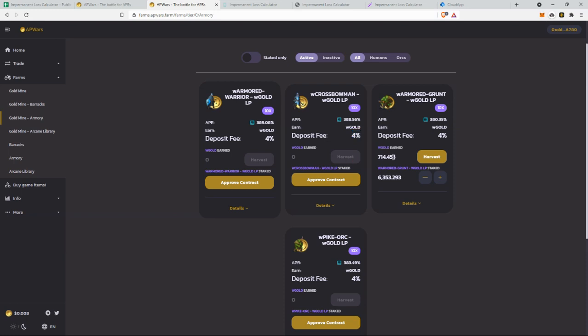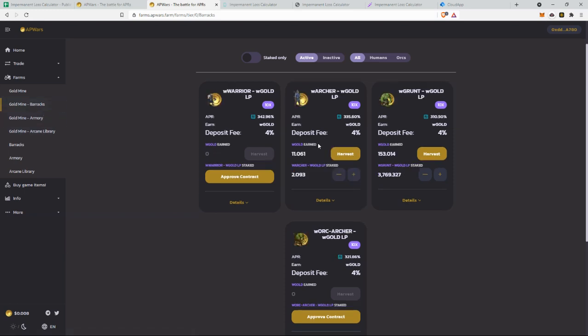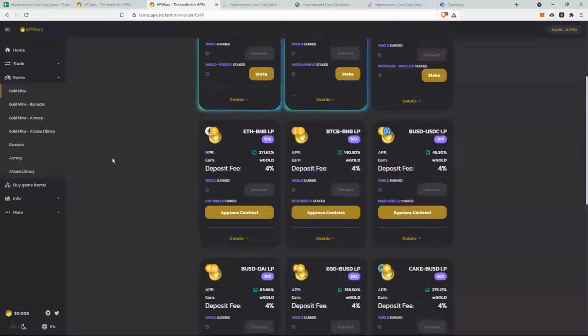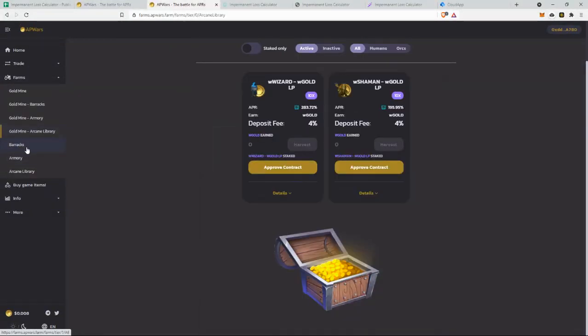As you can see, this is just a test case. We have staked in one of the pools in either of them, just for you guys to see. And you can also stake them anywhere you'd like in the protocol. This is for the gold mine. If you want to farm gold, the main unit and currency of the game, you can use these gold mines.